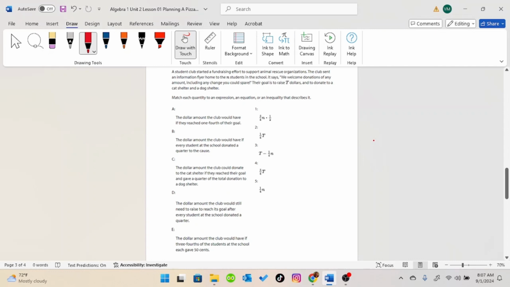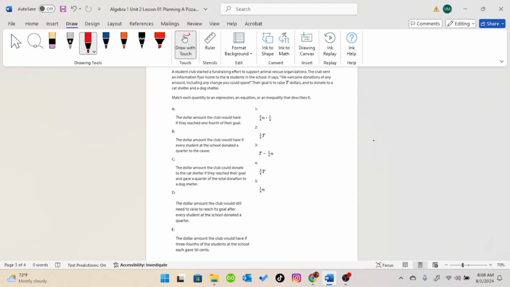Our next practice problem. A student club started a fundraising effort to support animal rescue organizations. The club sent an information flyer home to the unknown number of students N in the school.